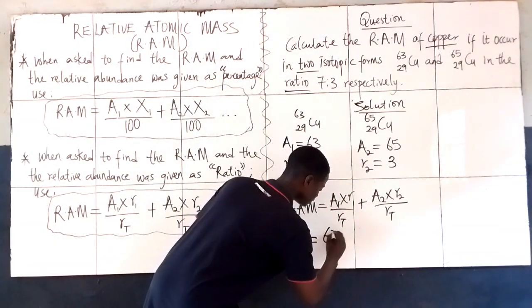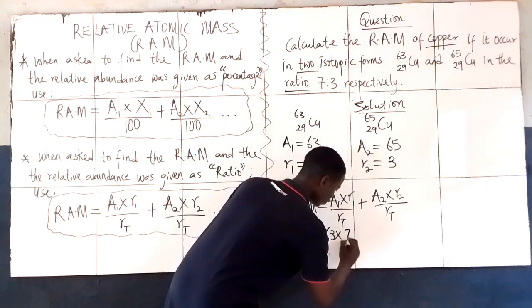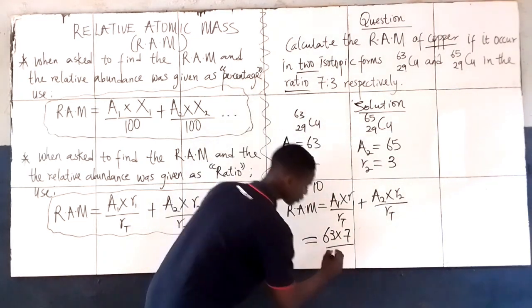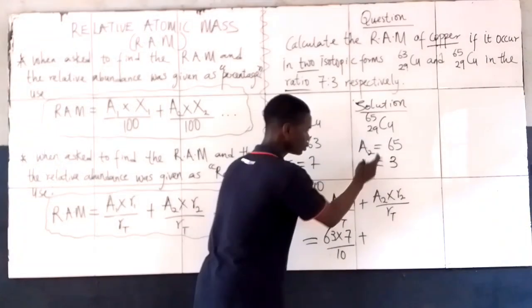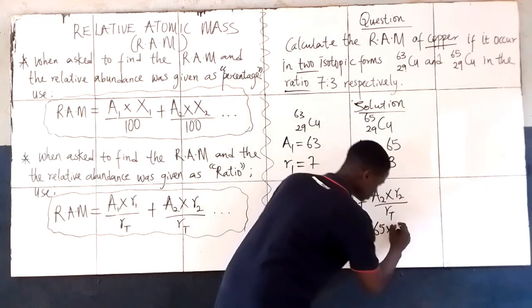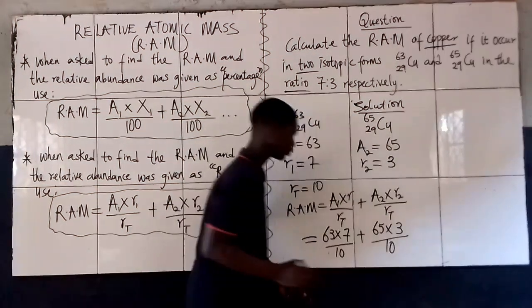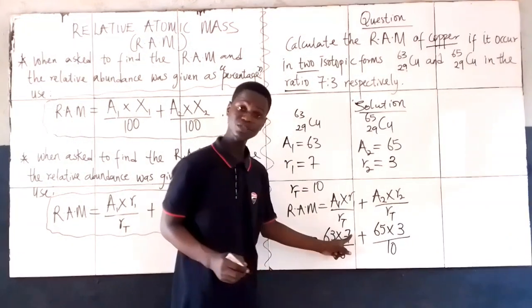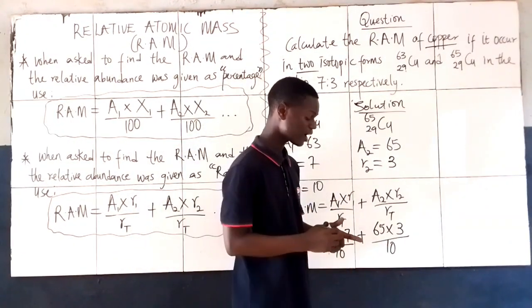This is 63 times what is A1? 7 over what is R-total? 10 plus A2. What is A2? 65 times what is R2? 3 over what is R-total? 10. So what you have to do is multiply these two together, divide by 10, and multiply these two together, divide by 10.